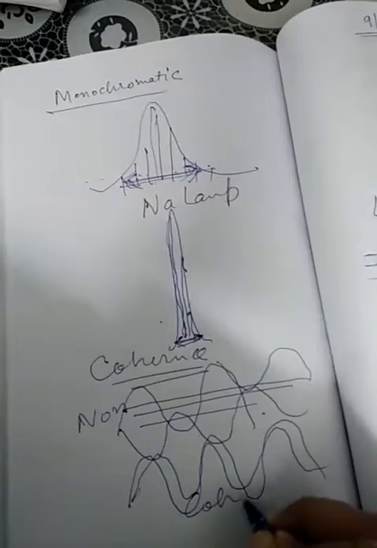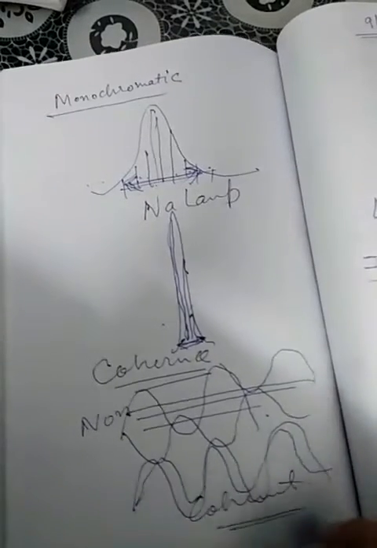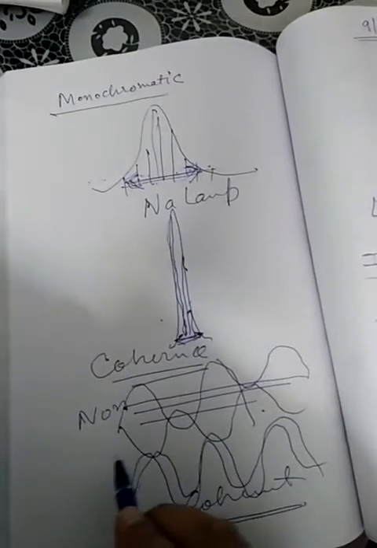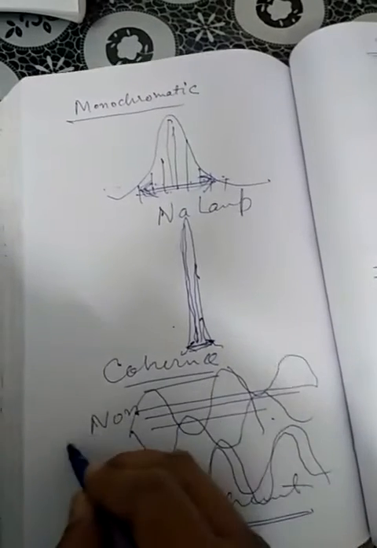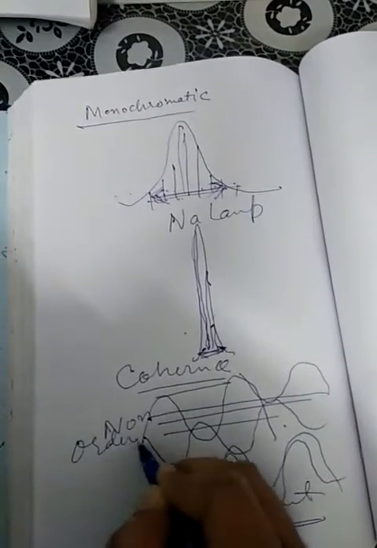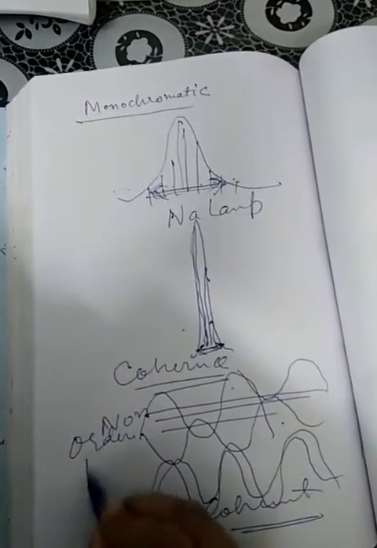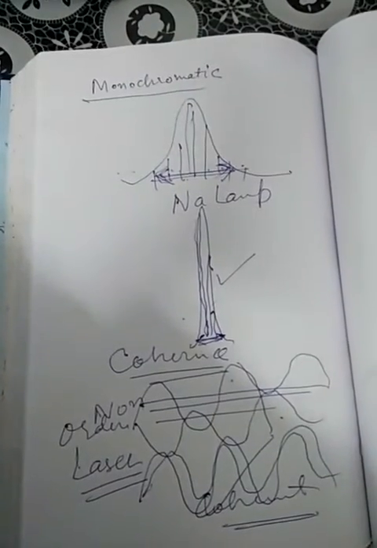So this is coherent. Coherent means all the particles move in the same phase, and non-coherent means they move in different phases. Ordinary light is a highly non-coherent source, while laser is a highly coherent source. Due to coherence and monochromaticity, the laser is different from the ordinary source of light.